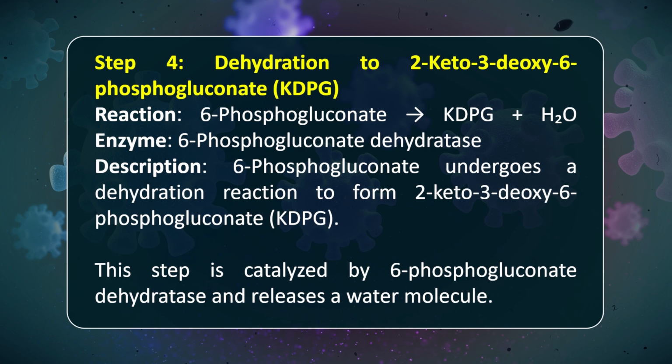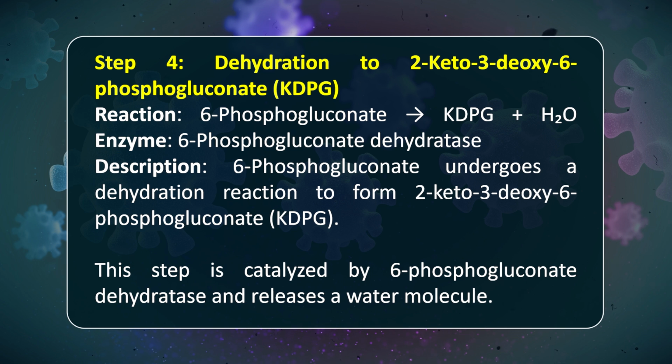Now, coming to step 4. Here what happens? Here, dehydration to 2-keto 3-deoxy 6-phosphogluconate, KDPG. Here the reaction occurs: 6-phosphogluconate gives rise to 2-keto 3-deoxy 6-phosphogluconate, KDPG, plus a water molecule.